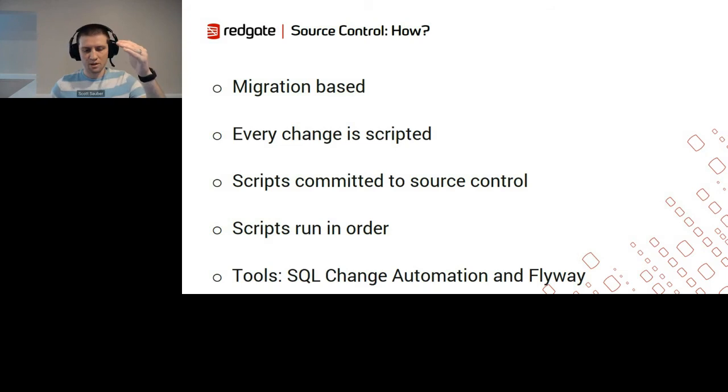V1 might create a table, V2 may alter that table in some way, like adding a column, and V3 may be dropping the table. You obviously can't run V3 before V1 in that case, or V2 in front of V1. So those scripts will run in a very particular order using a tool such as SQL Change Automation or Flyway. We'll talk about those tools here in a little bit.